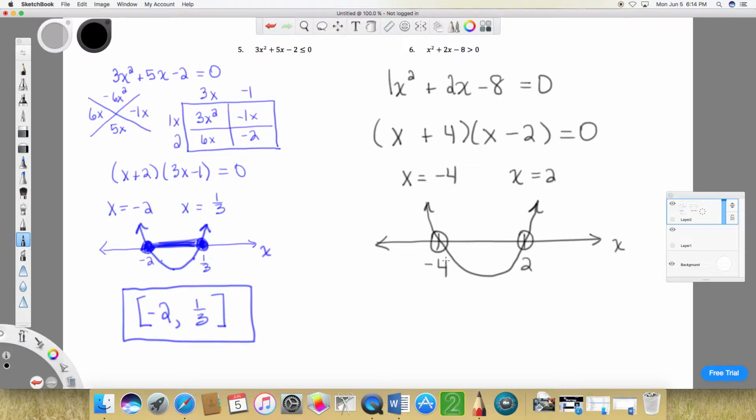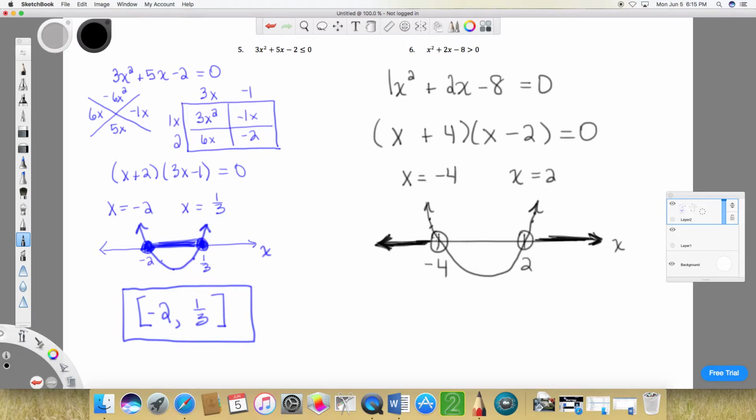And what we have just found are the x-intercepts for that parabola. -4 and +2 are the x-intercepts. Now, what part of the parabola are we interested in? We're interested in the part of the parabola that is positive, that is greater than 0, and that's all of these points that are above the x-axis, and the values of x that will make those y-coordinates positive are values that are either strictly less than -4 or strictly greater than +2.